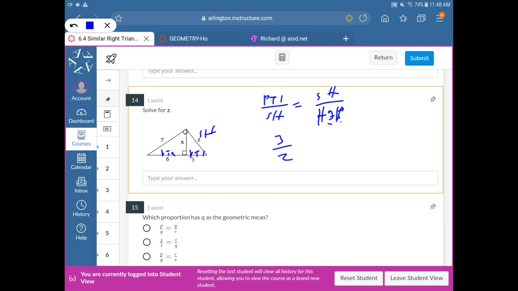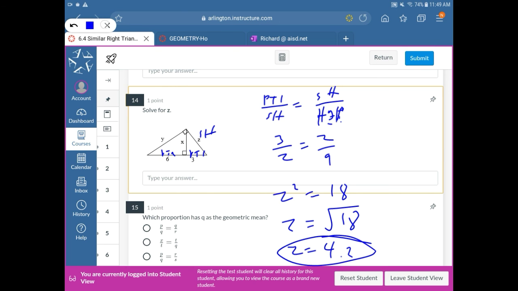So part 1 divided by short equals short divided by hypotenuse. Cross multiply it, you get Z squared equals 18. Wait, that's not right. It should be 27. Sorry. So this should be square root of 27. I don't know why I did that. Long day, so thanks.